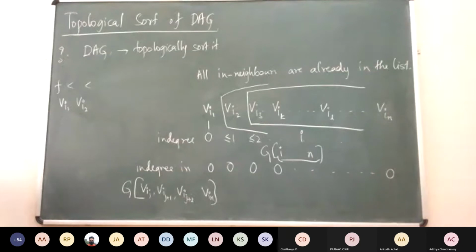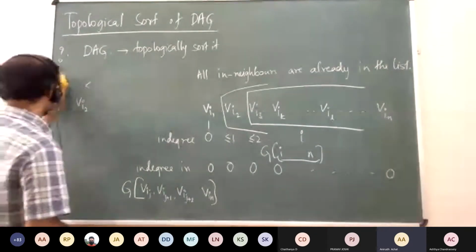So if you want to get a topological sort, then how do you need to order? You said that it should be the reverse of it, right? Yes, sir. So decreasing order. You said decreasing order of finishing times.